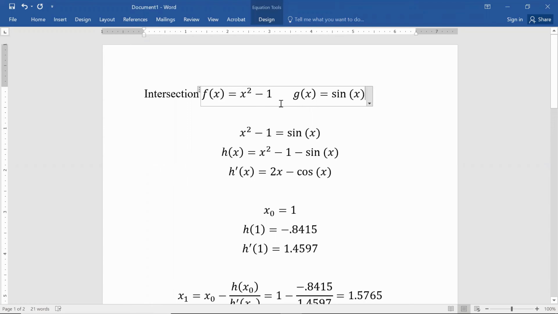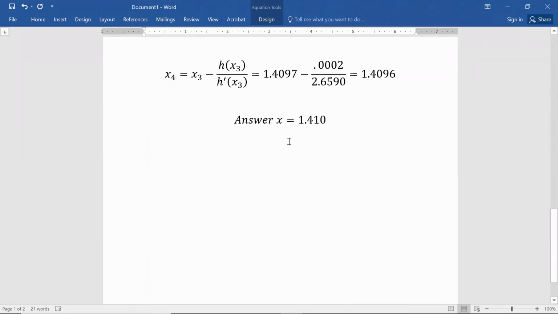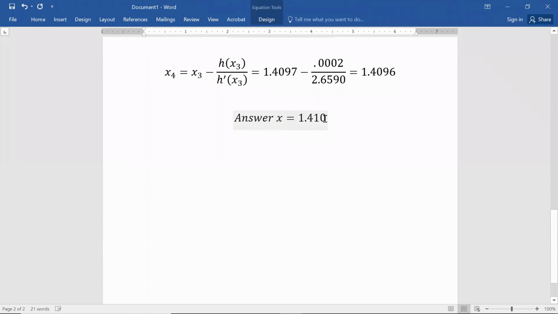So these are going to intersect when x is approximately 1.410.